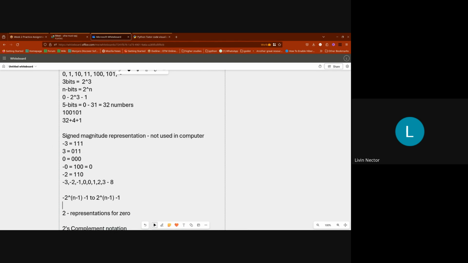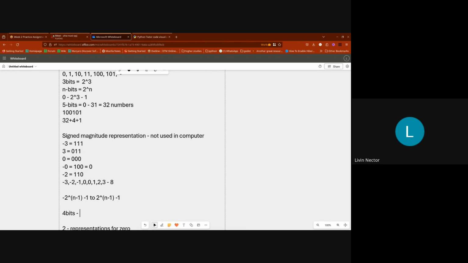So for example, if we have 4 bits, what will be the smallest number and the biggest number in signed magnitude form? Minus 32 to plus 32?